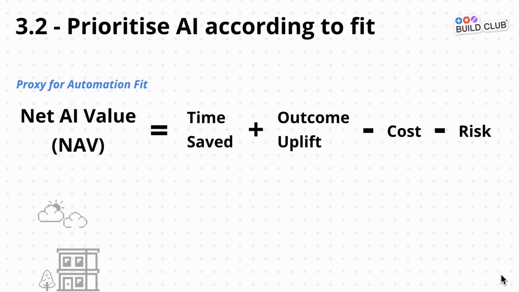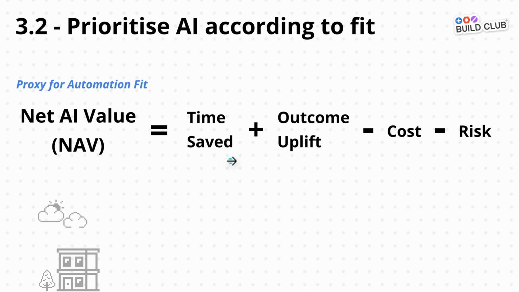Now let's move on to learning outcome 2. Prioritize AI in workflows according to automation fit. I have made a simple equation to visualize how you can prioritize workflow automation. The equation is for net AI value, NAV. NAV here is a proxy for automation fit.